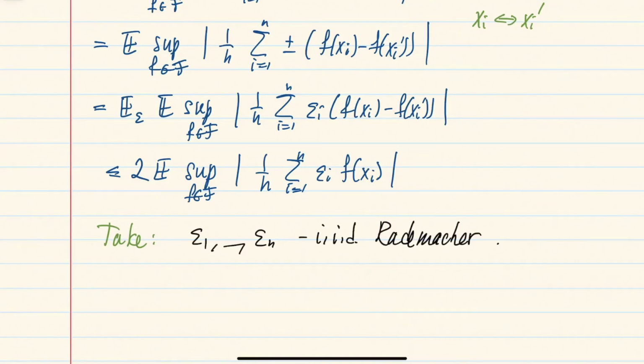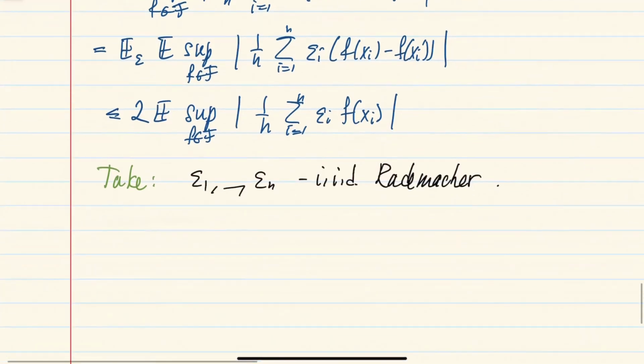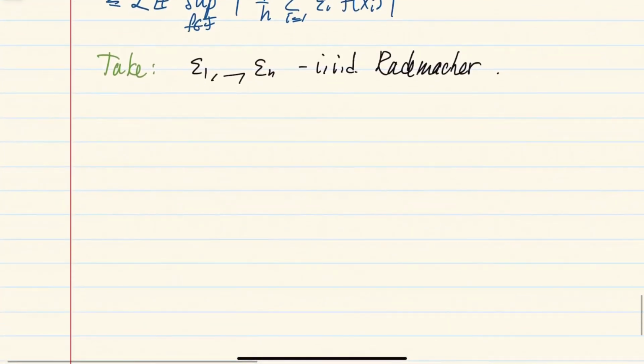But instead, we'll do something a little bit more general that applies to more general classes of functions, and only at the end we'll use a specific class of indicator functions in this particular case. And so in the second part, we will prove the following result regarding these Rademacher averages.